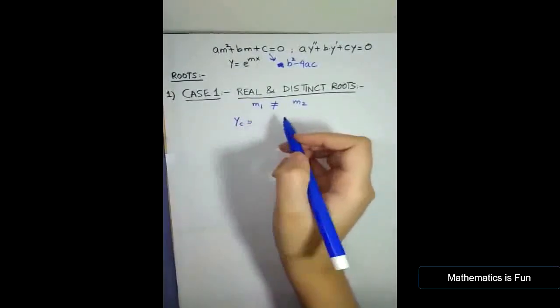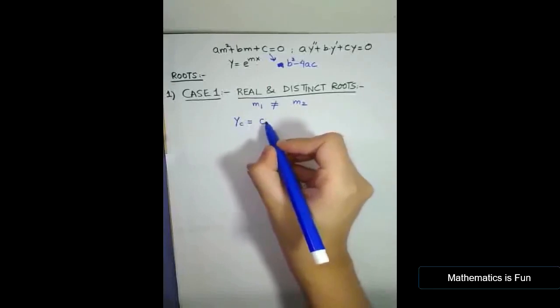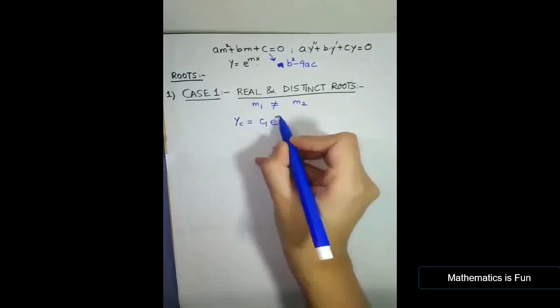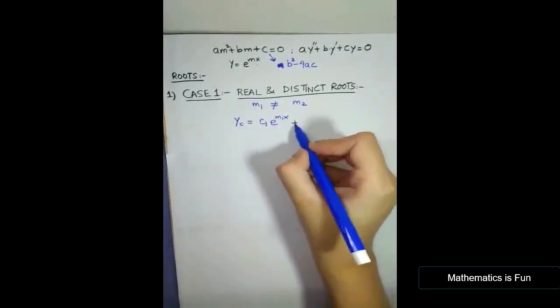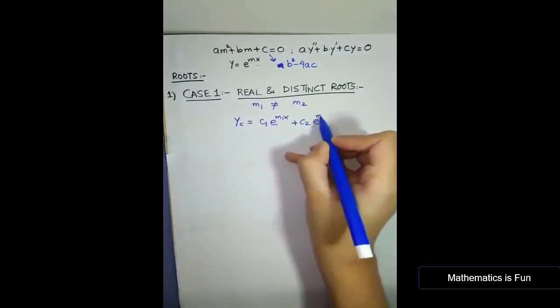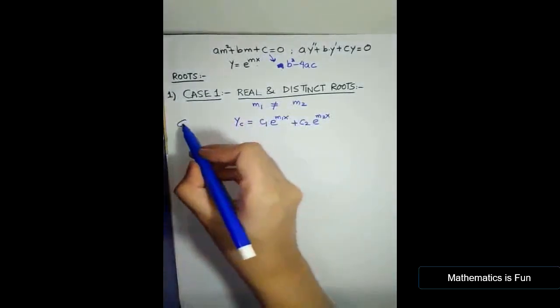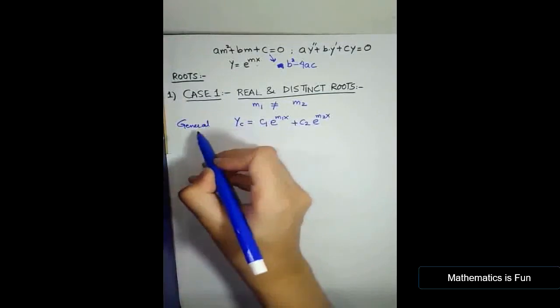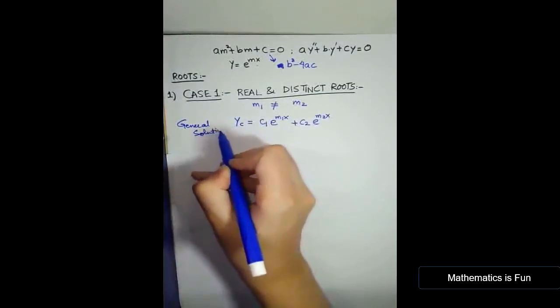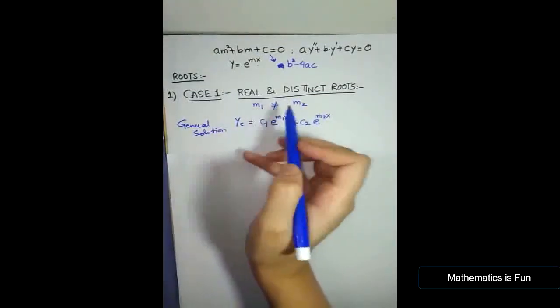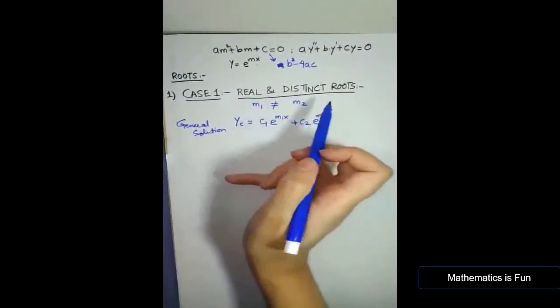So it's a linear combination c1 e to the power m1 x plus c2 e to the power m2 x. That is the general solution if we have m1 and m2 real and distinct.